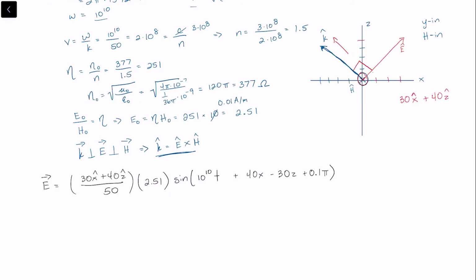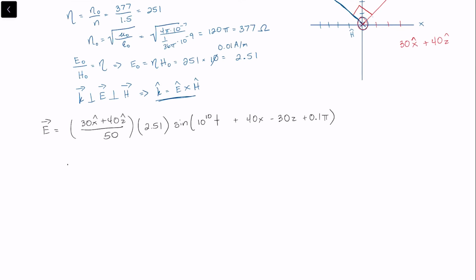If we simplify this out, we have 1.5 x hat plus 2z hat direction sine 10 to the 10th t. Remember that these waves are time dependent, plus 40x minus 30z plus 0.1 pi.